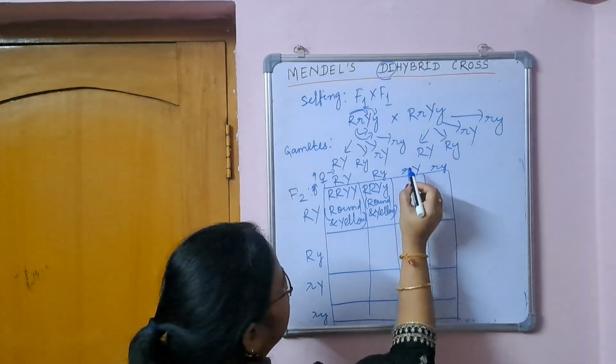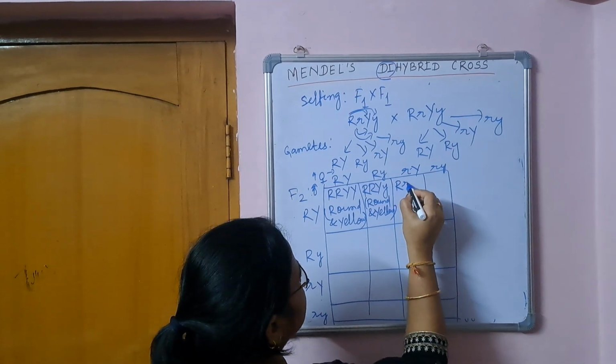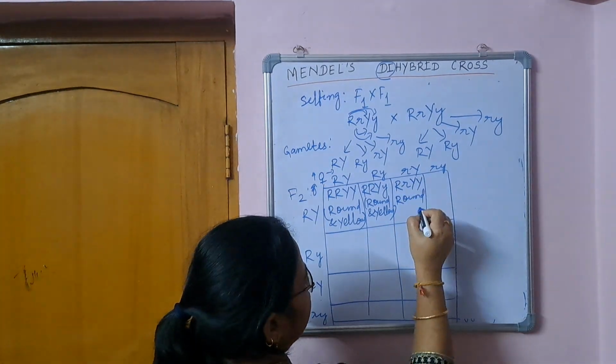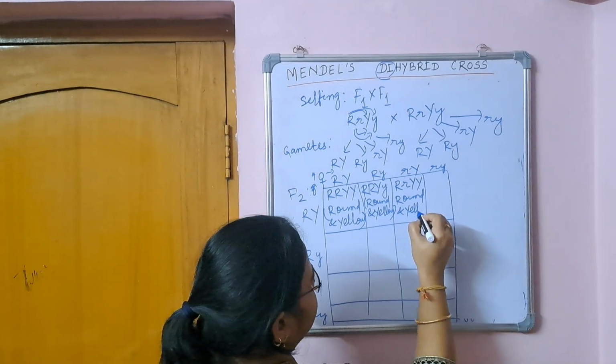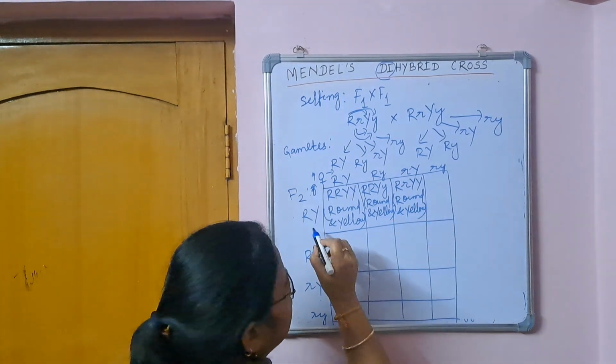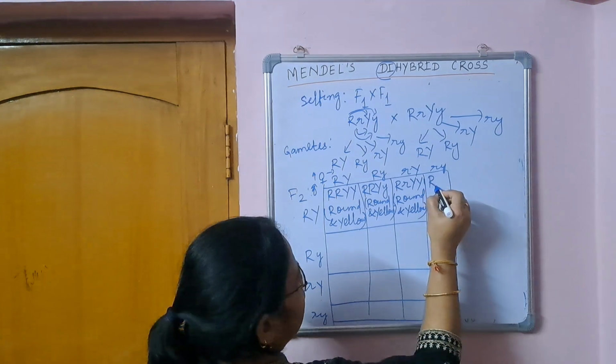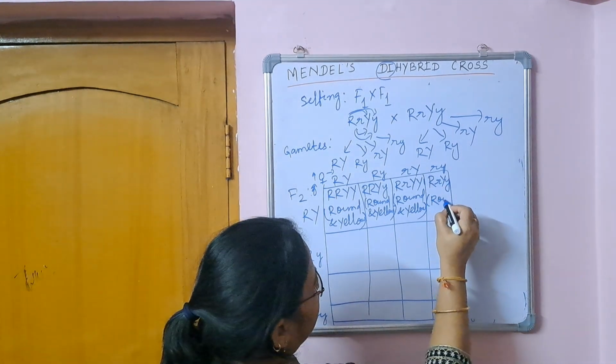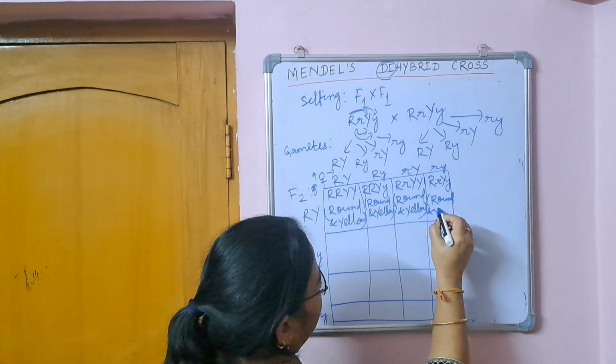Then capital R, small r, capital Y, capital Y. Again round and yellow. Then capital R, small r, capital Y, small y. Again this will be round and yellow according to the law of dominance.